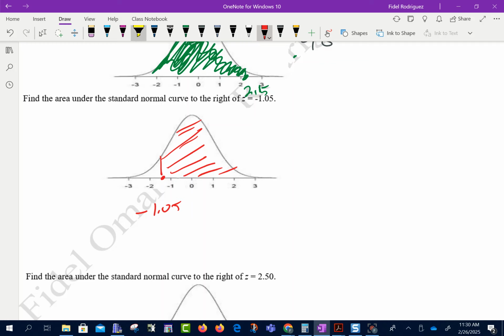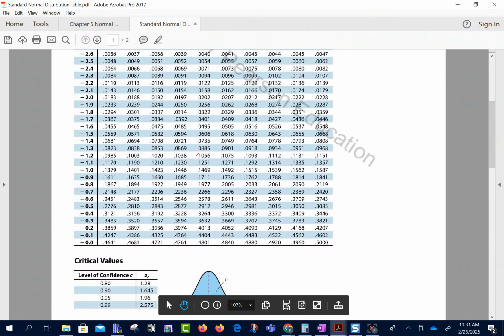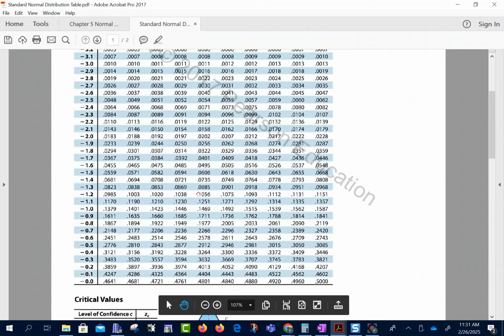Now, y'all, my table always gives me the area to the left. Remember the total area is 1. Let's find this area first, okay? So the way we can do that using our table, we're going to go to -1.05. Let's see if I can find it.